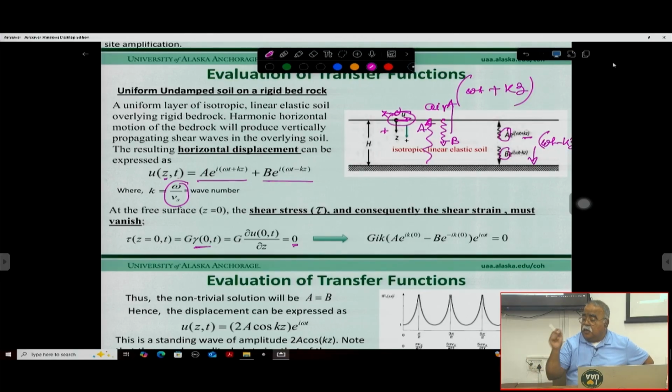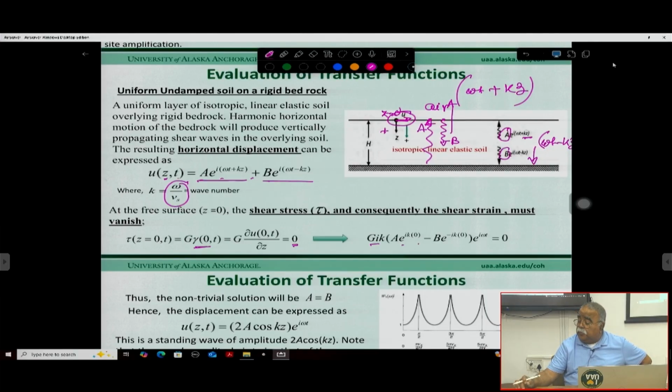Because there is no shear strain, if you differentiate this, it will be i k into this part, and put the z value equal to 0, so that will be equal to this one, right?